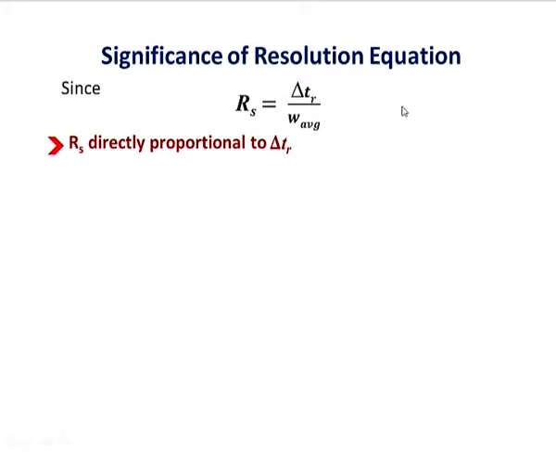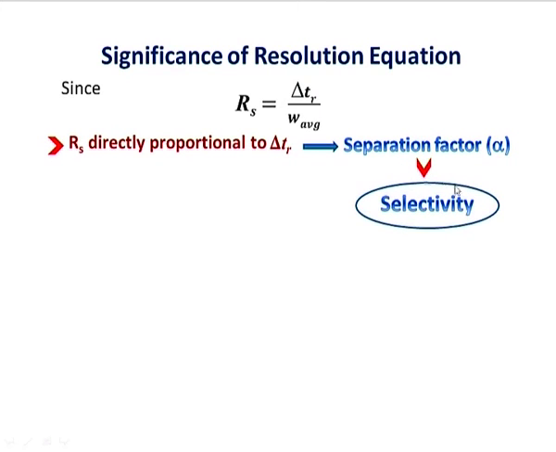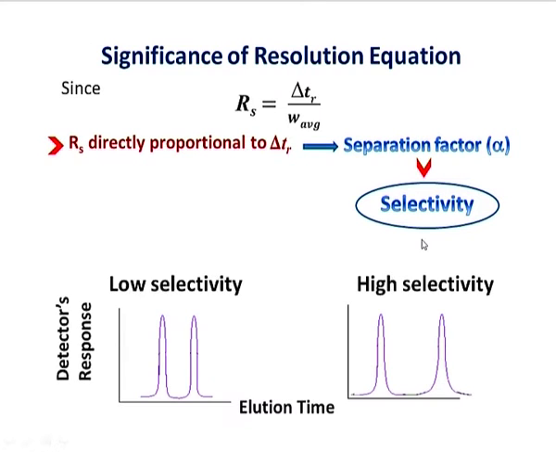Now, this equation shows us that resolution RS is directly proportional to delta TR, which is related to something we call the separation factor, denoted by alpha. And this separation factor is related to the selectivity of a particular chromatographic experiment.